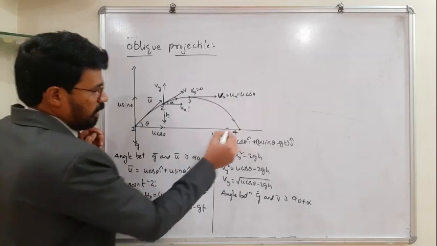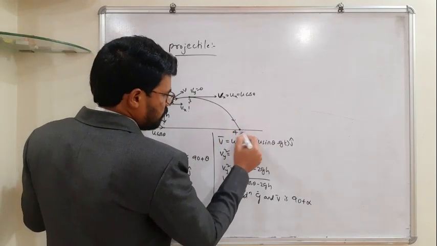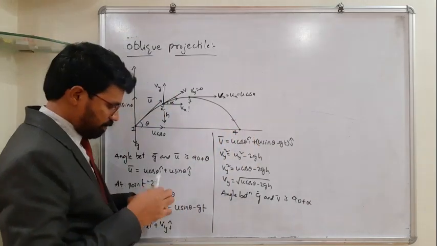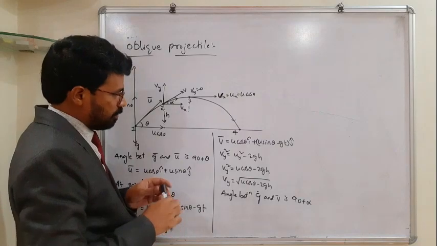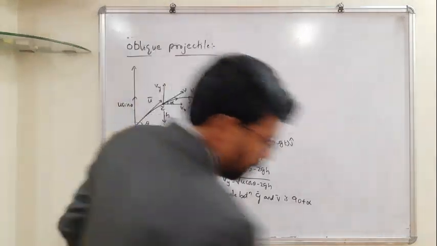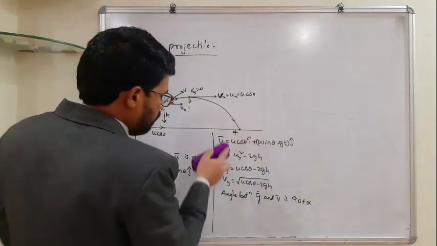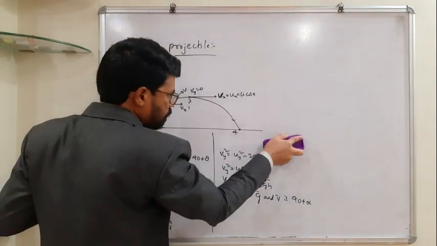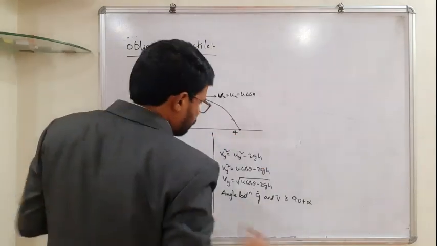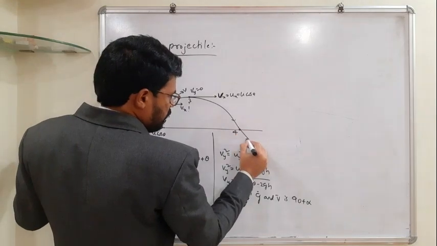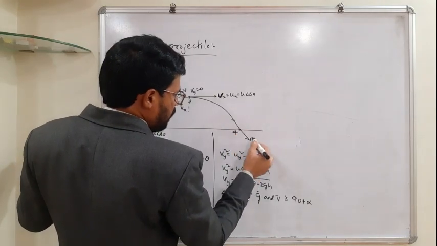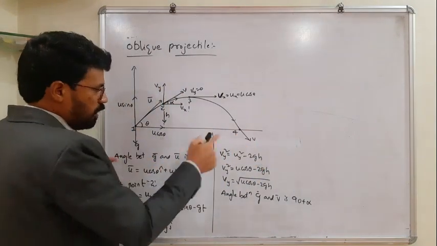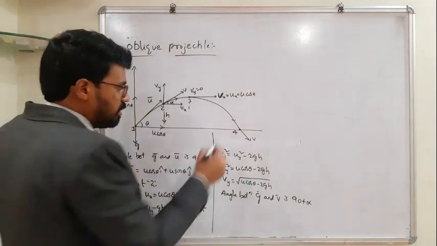By the time it reaches here, the situation will be slightly different. Let us say the velocity is v. In fact, since both these points, 1 and 4, are on the same level, it reaches with the same velocity.